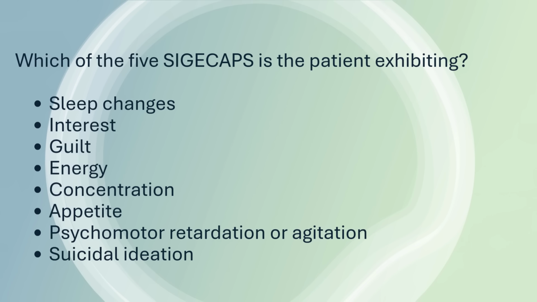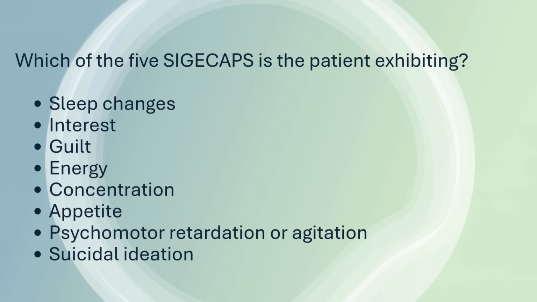Difficulty sleeping is sleep changes. Insomnia or hypersomnia are common in depression. Lack of interest in activities with friends, like loss of interest or pleasure, is also known as anhedonia.